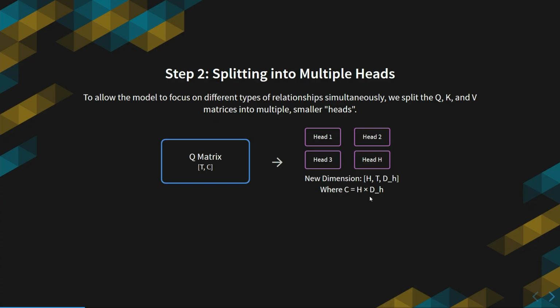Those are details I'll talk about later in this video or in future videos. The head dimension dh is 64, 96 or 128, where C equals h times dh. Each head can learn to focus on different aspects of the relationship between tokens. Some might focus on syntactic relationships, others on semantic relationships, and so on.